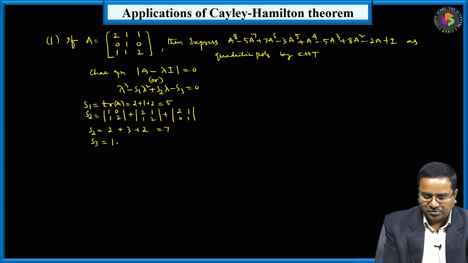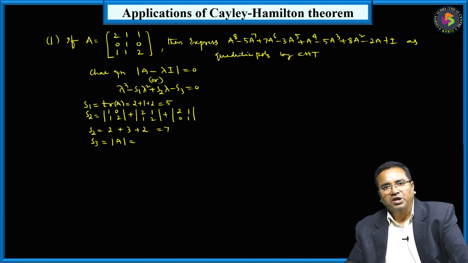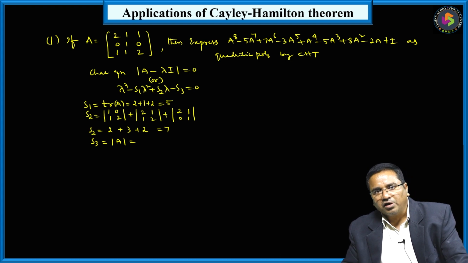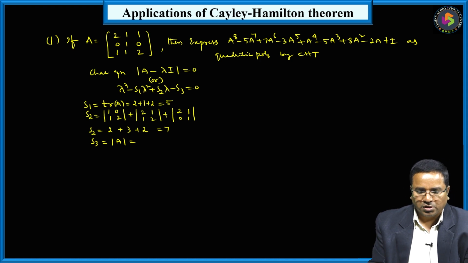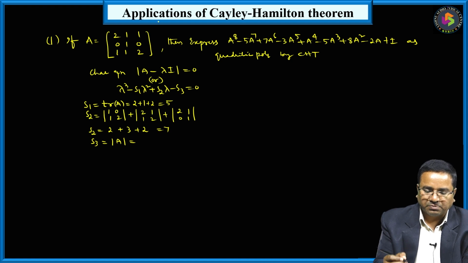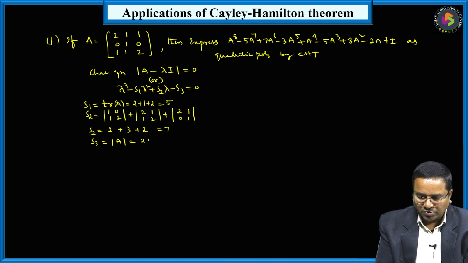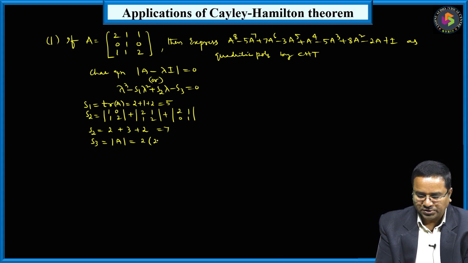S3 is the determinant. We know the determinant is found using the sum of products of elements of any row or any column with the corresponding cofactors. I am using the first row to compute the determinant of the matrix. For that we use the signs plus, minus, plus. So the element 2, and this minor is 2 minus 0, which is 2.